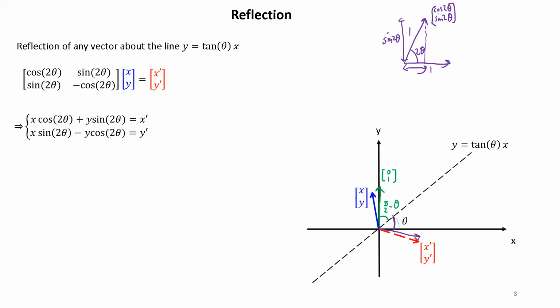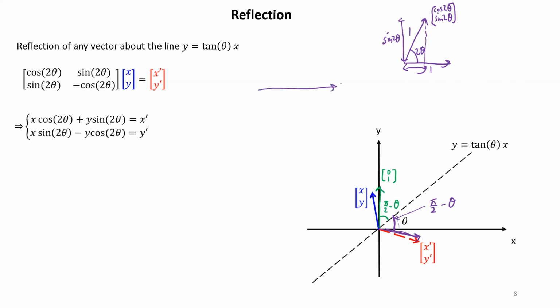So this angle here, again, will be pi divided by 2 minus theta. Then I want to find out the x and y component for this vector here. Let me draw it over here again.